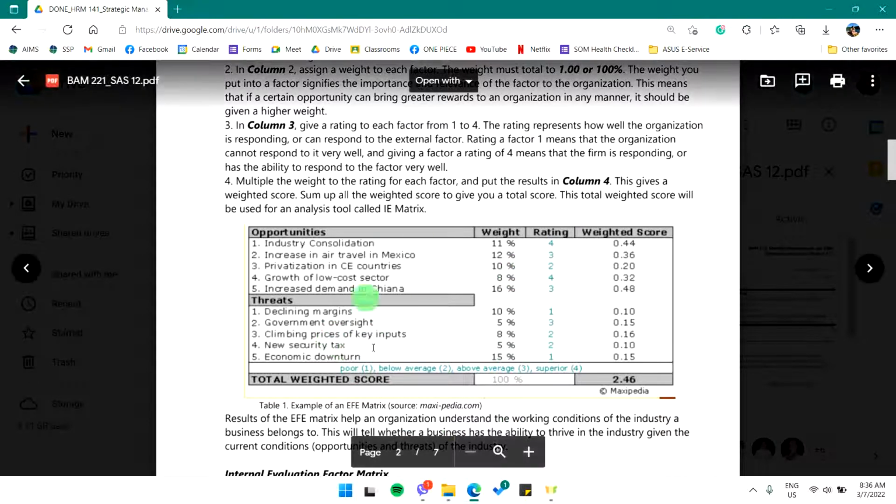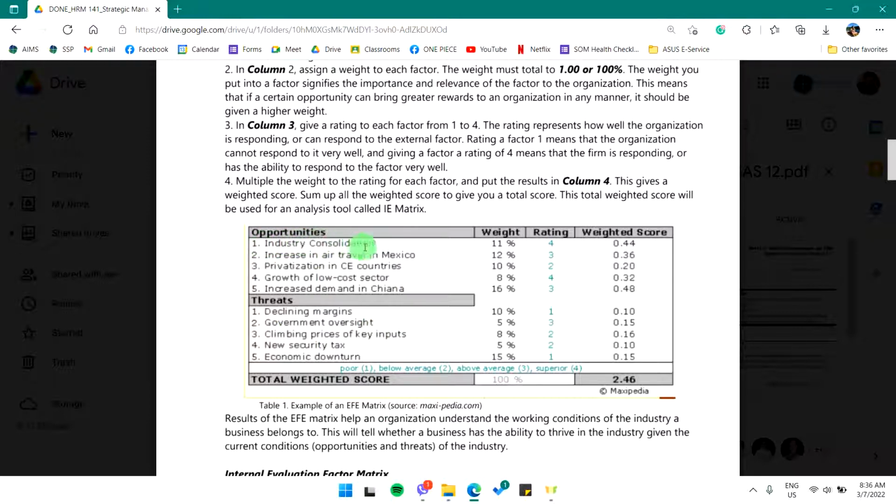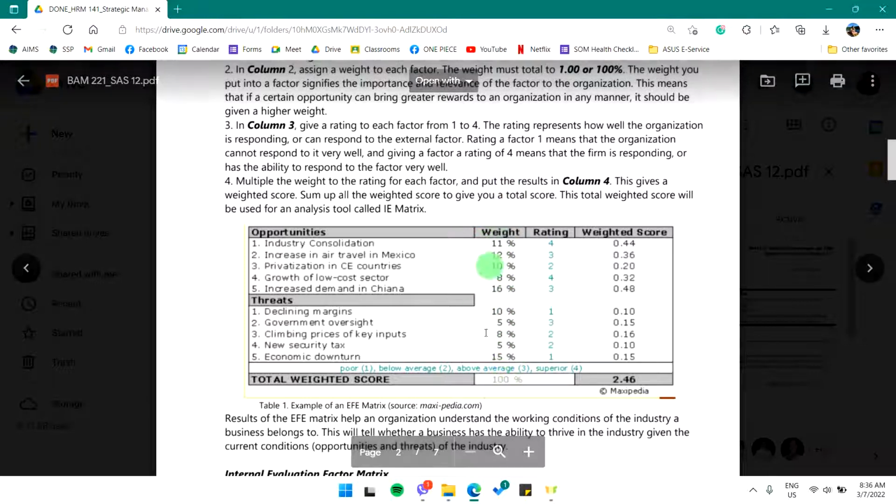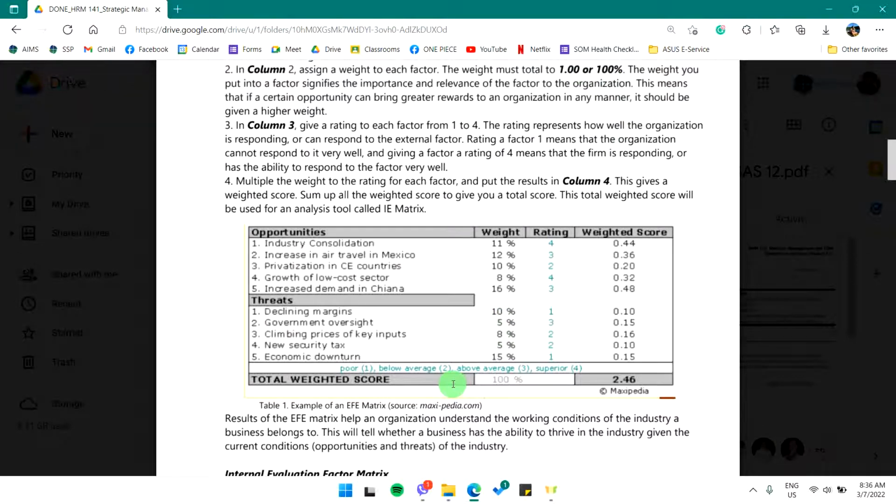In this scenario, in this example, industry consolidation was weighted 11% out of 100%. Tatandaan ninyo, the weight total of these columns should be 1.00 or 100%. When we say 1.00, para rin siyang 100% in some ways. Ito siya, yung 1.00 kasi yung converted na decimal value ng 100%.